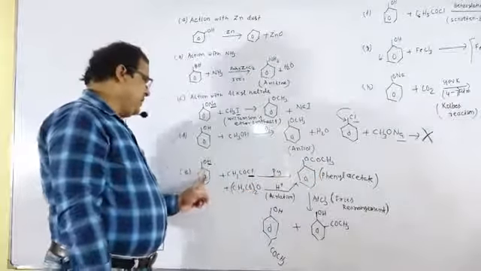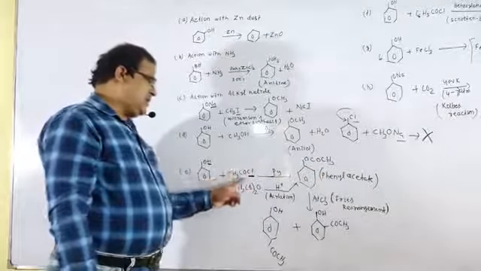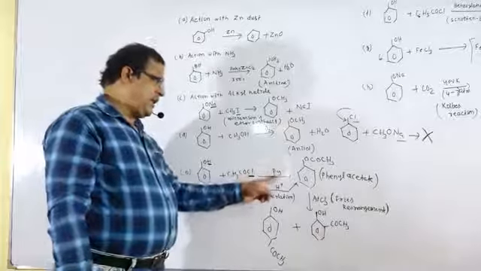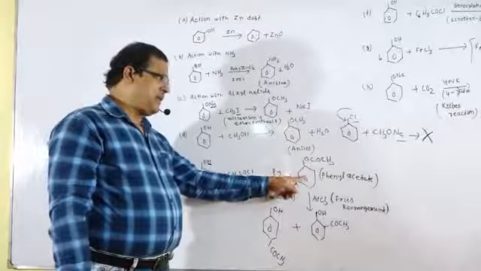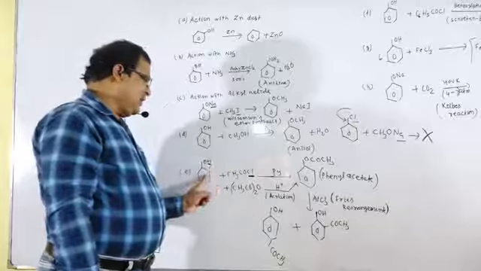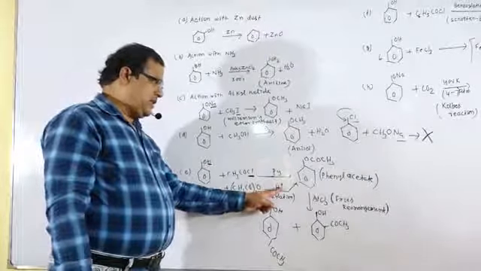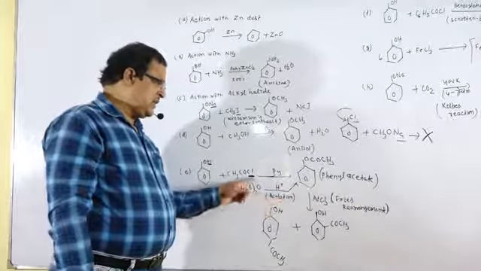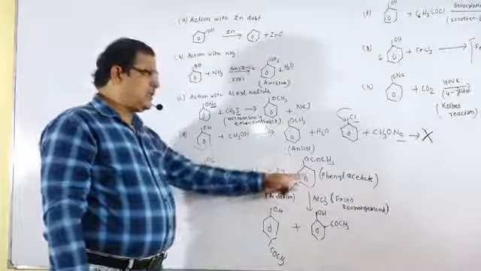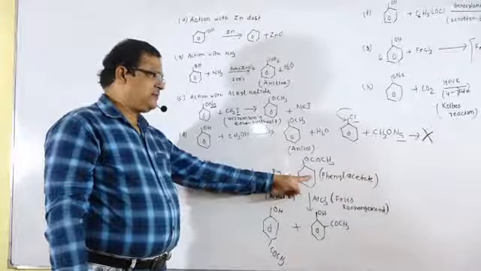So when phenol is treated with acetyl chloride in presence of pyridine, there is the formation of phenyl acetate, or phenol treated with acetic anhydride in presence of mineral acid. This reaction is known as acylation. So there is the formation of phenyl acetate.